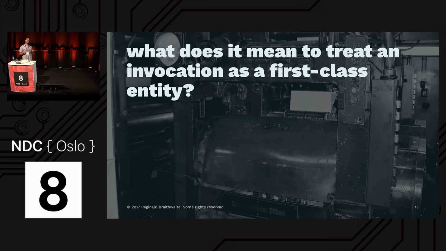But if we had some way of treating them as first-class objects, we'd be able to do some things with them. I mentioned a couple earlier. We would be able to pass them as arguments to another method or a function. We would be able to receive them back as the result of a method or function. We'd be able to store them in variables. Let's talk about that last one.